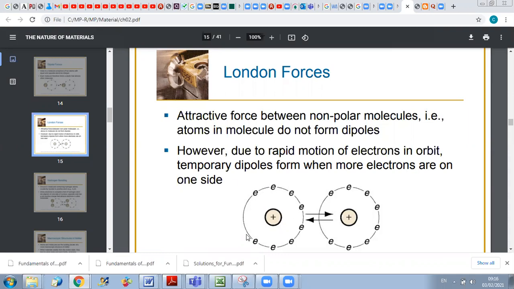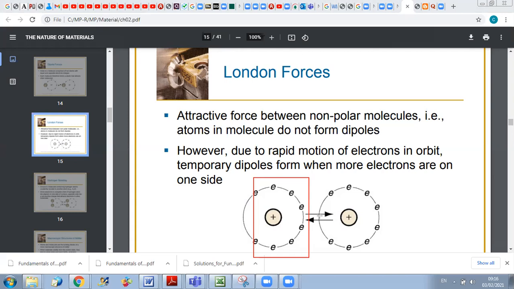When electrons move, this side is more negative, creating an unbalanced charge, so it will attract the side of the other molecule that is less negative. So relative motion of electrons can create dipoles.